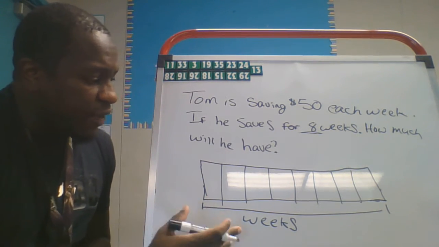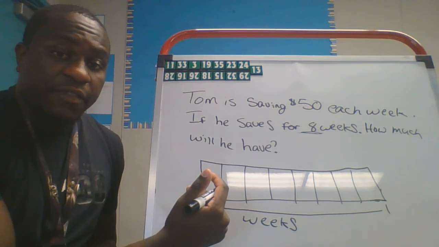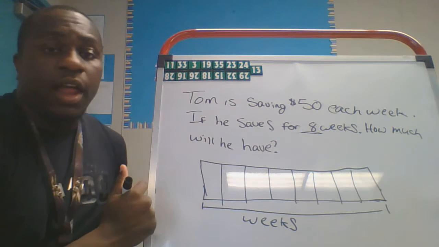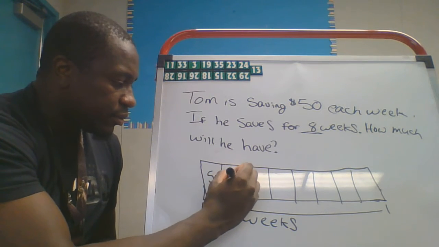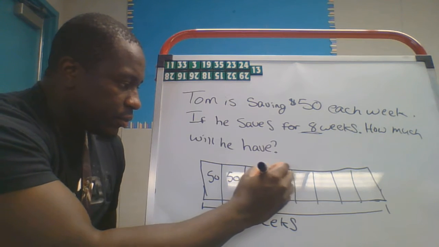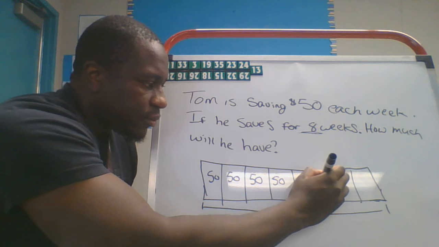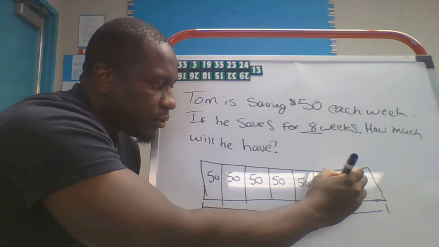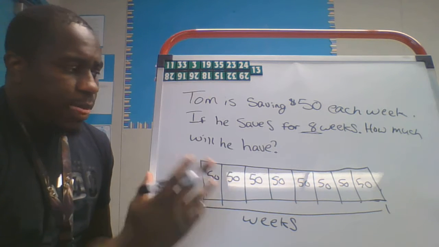So over the course of 8 weeks, he's going to be saving money. How much is he going to save each week? It tells us $50. So we can put 50 into each one of these boxes that we have here. Okay, so we got 50.